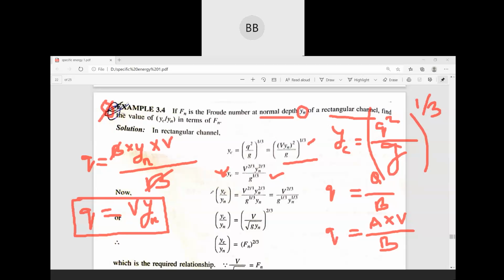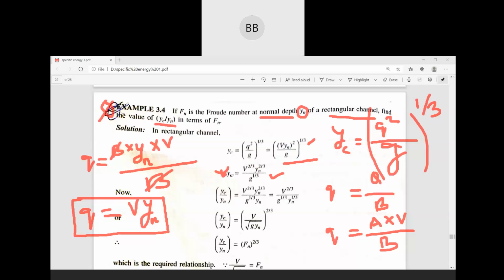Now we go back to the question and see what we need to find out. That is the ratio between Yc and Yn. We got this expression for Yc, but we need the ratio Yc divided by Yn.